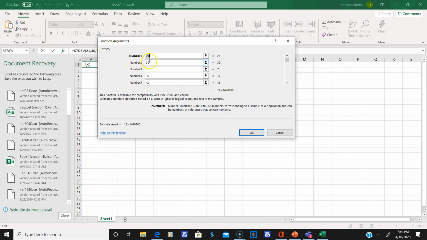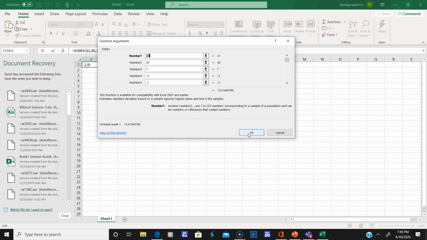Now, as I said, as you can see, there are no numbers anywhere around here. I just typed them in the cell manually. So I took those 6 numbers in the first column and typed them in. And you can see that's all you have to do. And it gives you the 13.41 standard deviation, or volatility.